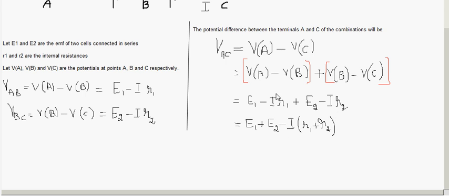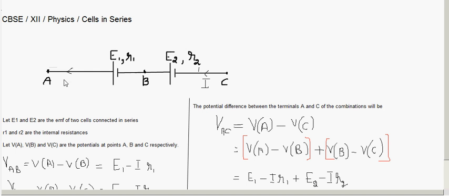Now let us say we wish to replace the combination by a single cell between A and C. Now we have two cells between A and C. If we wish to replace it by a single cell with EMF E equivalent and internal resistance R equivalent, let me draw that network.